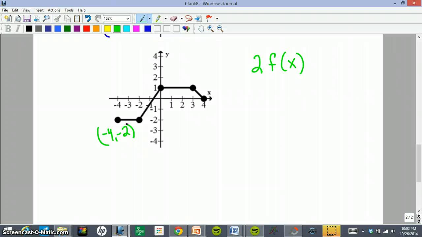Now we're doubling the output. So -4 now outputs -4. Double it down. -2 now outputs -4 as well. 0, 1 now outputs 0, 2, 3, 1 becomes 3, 2, and 4, 0.